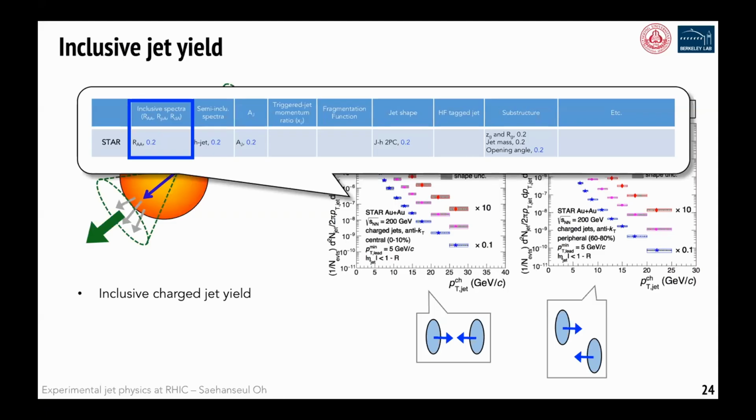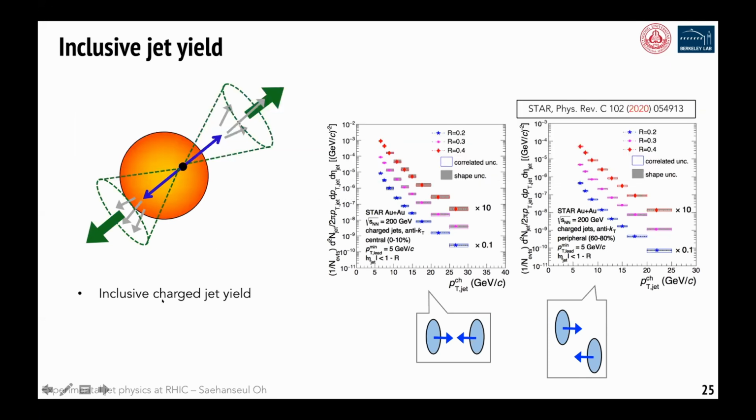I'll first start with the inclusive jet yield. This is part of my personal chart. It's the first category, inclusive spectra, which is the most basic measurement. The inclusive charged jet yield publication was online in 2020 in PRC.